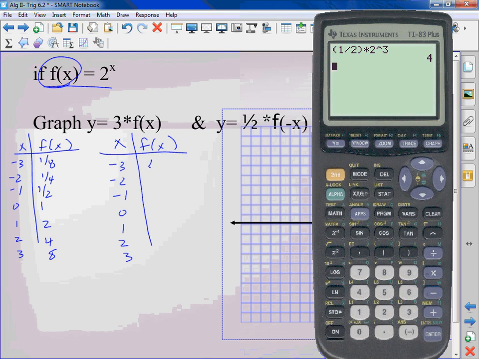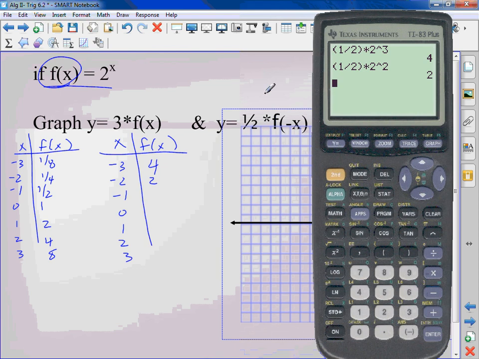Double negative. Then I do the exact same thing, but -2 now becomes +2. When x is negative, it turns into a positive.